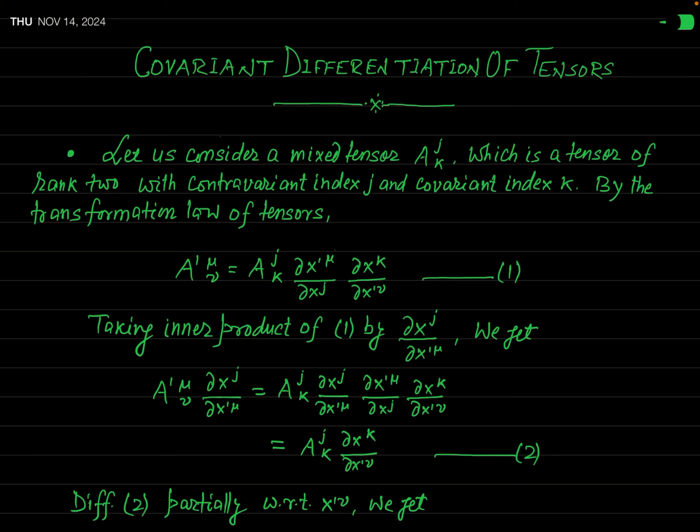In the previous lecture, we have seen the covariant derivatives of covariant and contravariant vectors. And in that lecture, you have actually seen that when we find the covariant derivative of a covariant or a contravariant vector, then you get tensors of second rank.